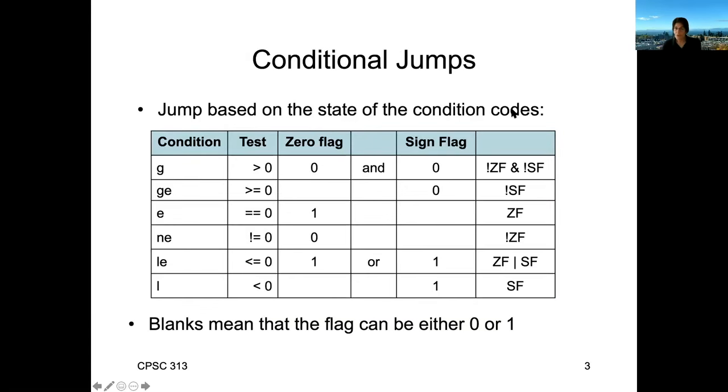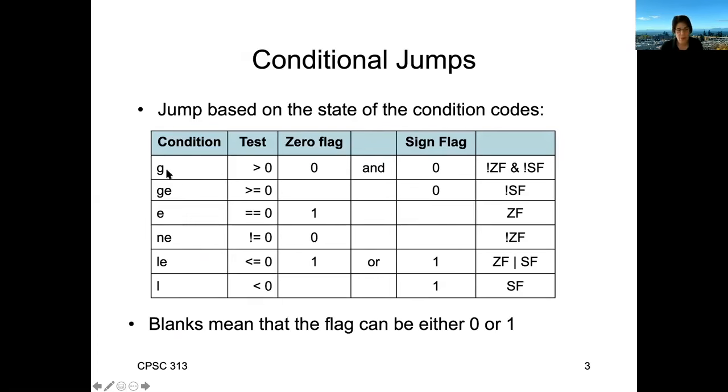So recall that there are 3 flags. Only 2 of them are used in the jump instructions, the 0 flag and the sign flag. And so the way the conditional jumps work is that whatever the last ALU instruction left in the condition codes, we're going to use that to decide whether we should jump.